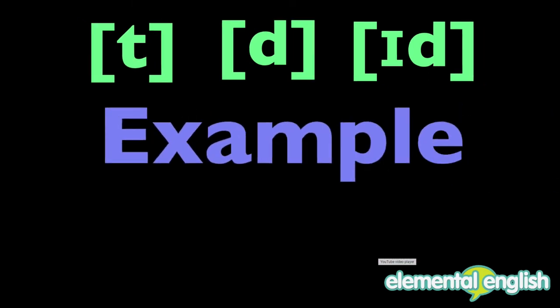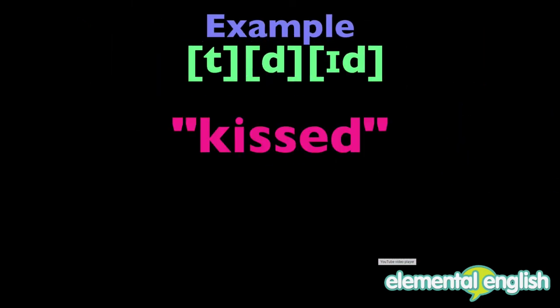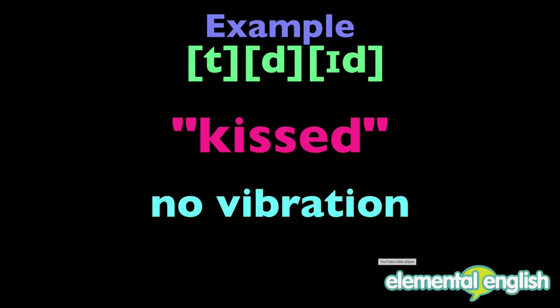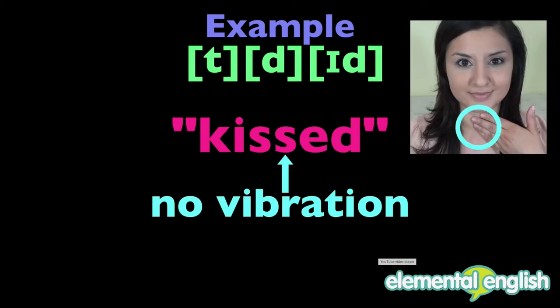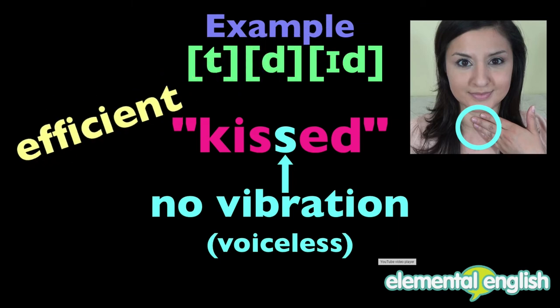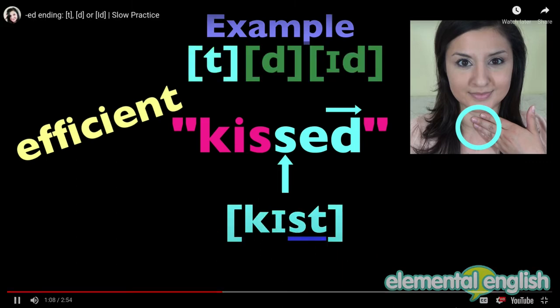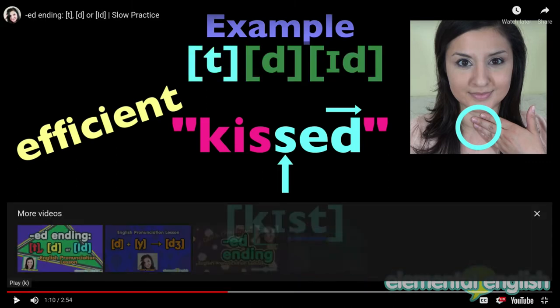For example, when we say kissed, because there is no vibration in the vocal cords, it's voiceless when we say the s consonant sound. It's simply efficient for your vocal cords to continue to not vibrate and pronounce the ED ending as a voiceless t, kissed. So why don't you give it a try?